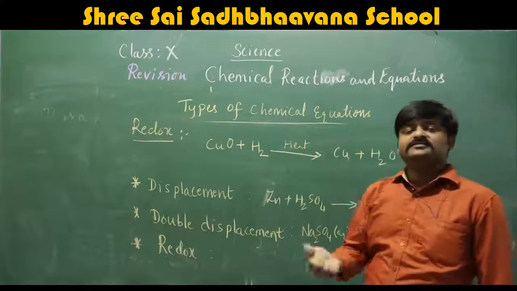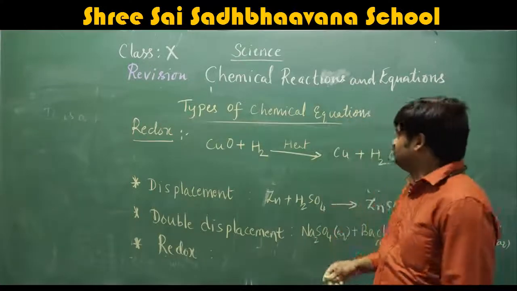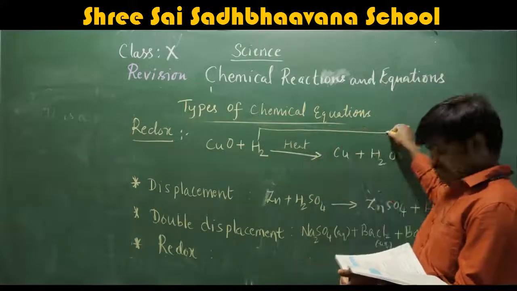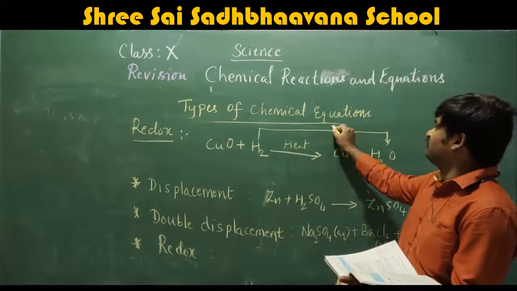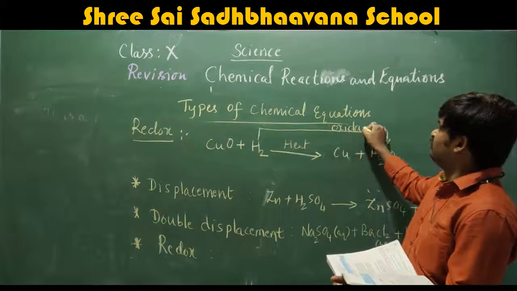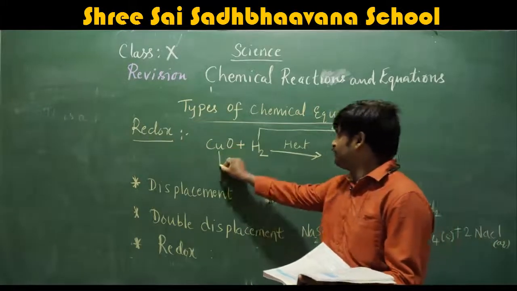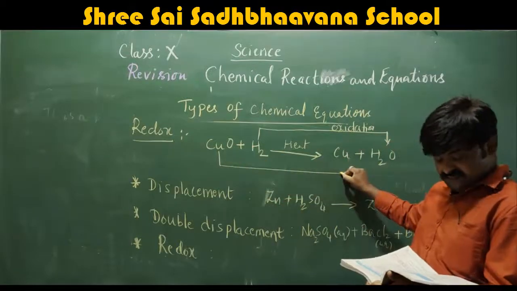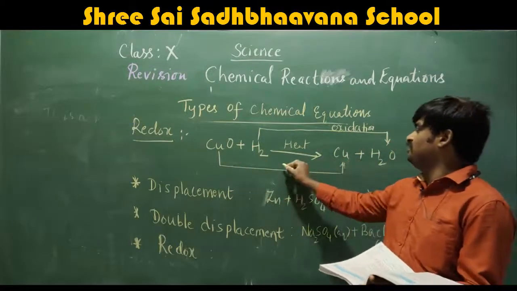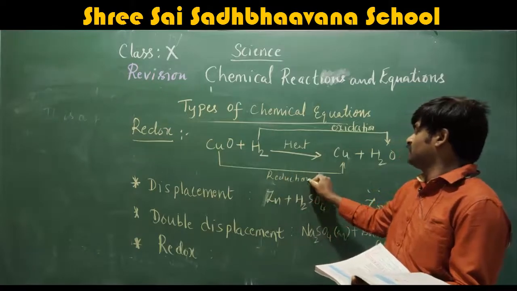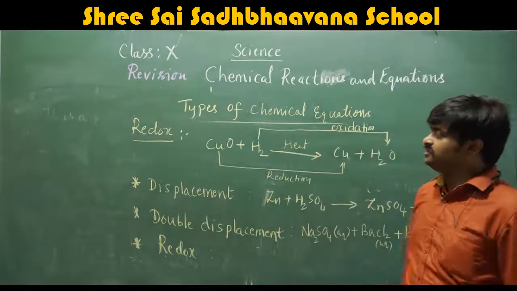When it is gain of oxygen, that is called oxidation. So which is gained here? Hydrogen gains oxygen, that is called oxidation. And copper loses its oxygen, that is called reduction. Okay, I hope you have understood.